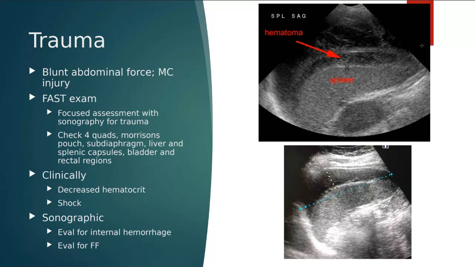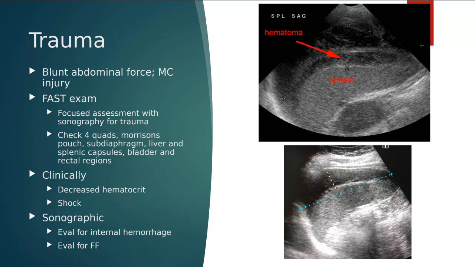So you need to check your 4 quadrants, your Morrison's pouch, underneath your diaphragm, your subdiaphragm, your liver, and your splenic capsule. You're looking at the borders or the domes of the liver and the spleen, and you're also looking at the bladder and the rectal regions. So you're checking your right upper quadrant, left upper quadrant, right lower quadrant, left lower quadrant.